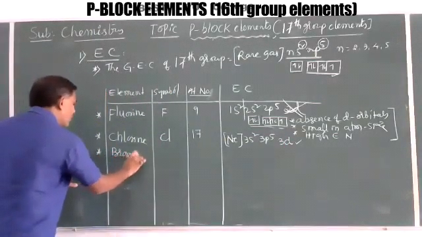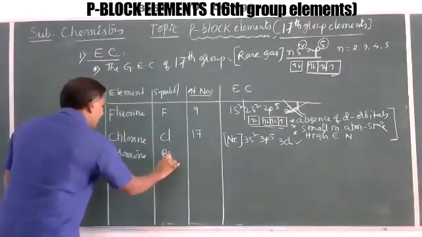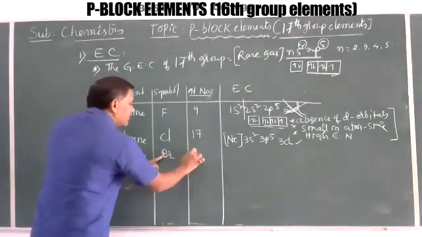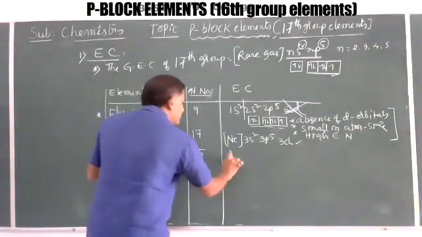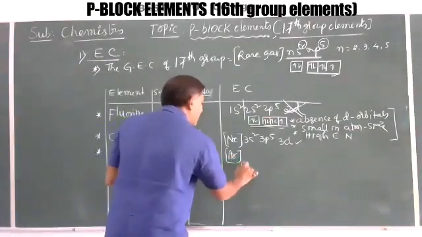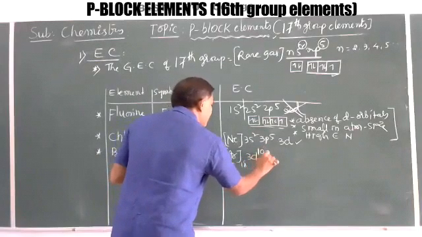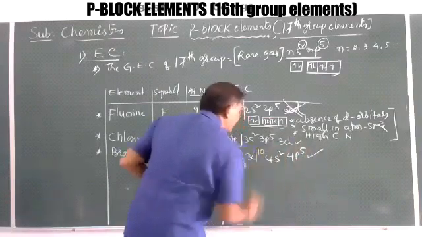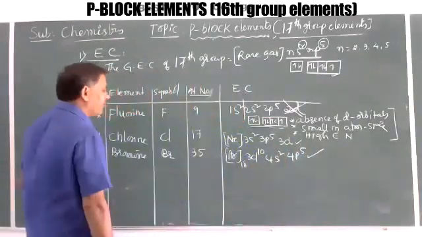For bromine, the symbol is Br, atomic number 35. Its electronic configuration is argon, 3d10, 4s2, 4p5.